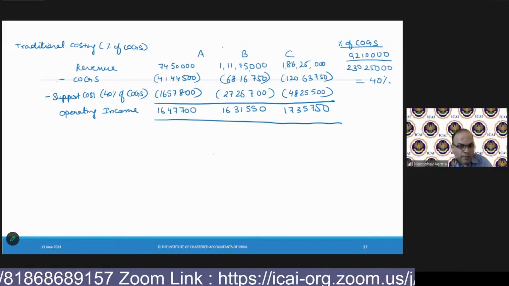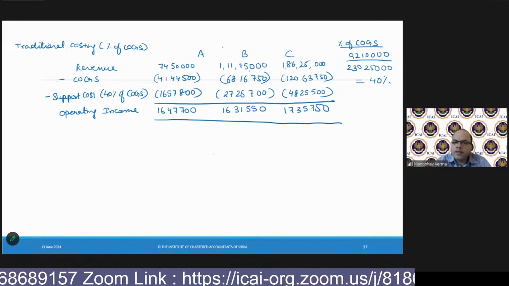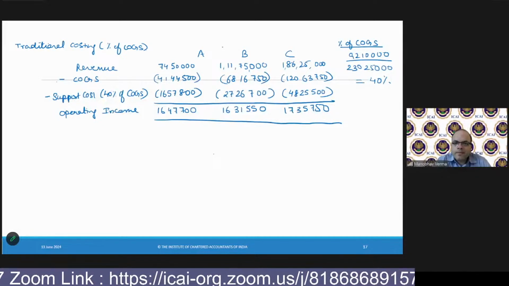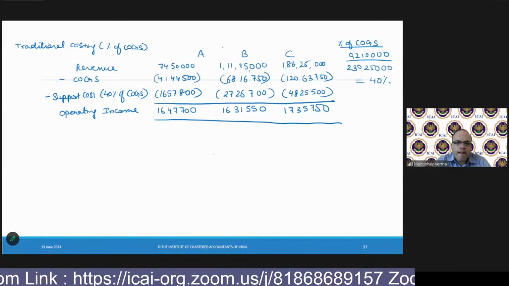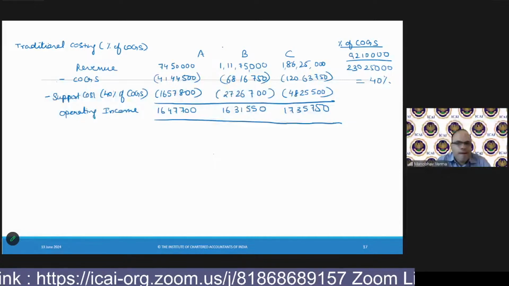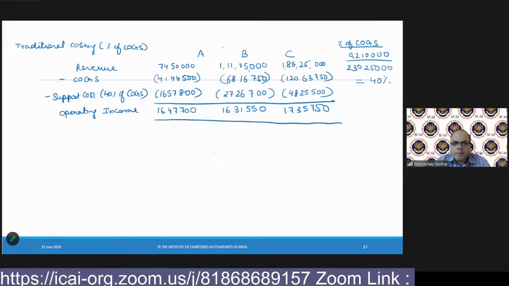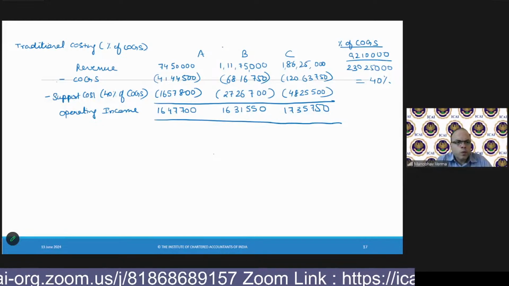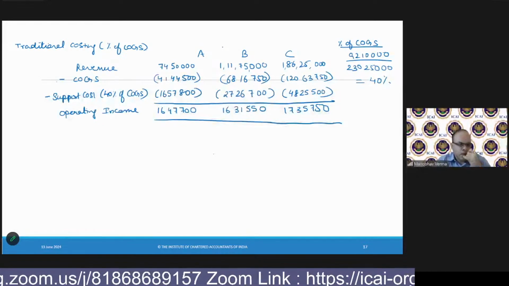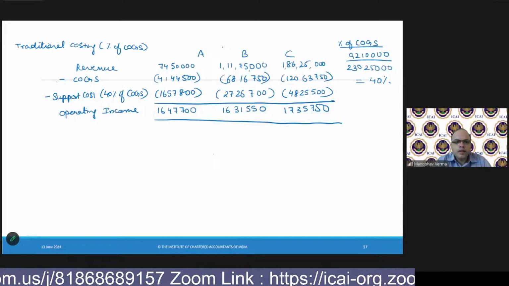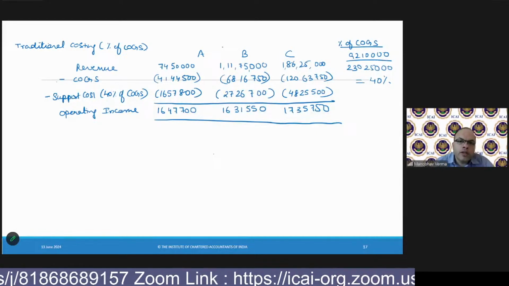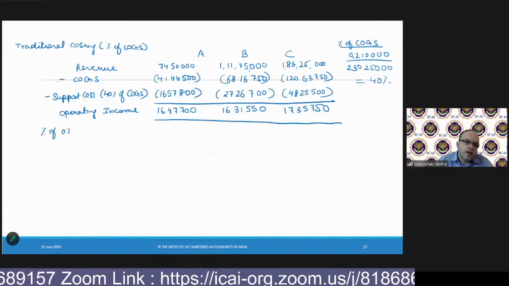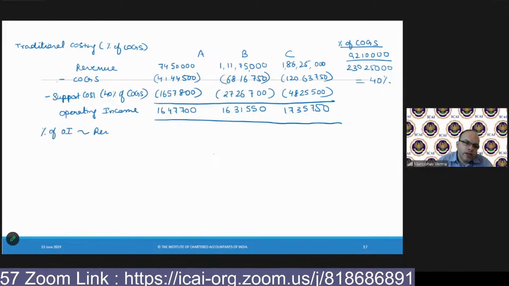Double check your calculations, double check my calculations, of course, why not? So in that case, what will be your percentage of operating income with the revenue here?